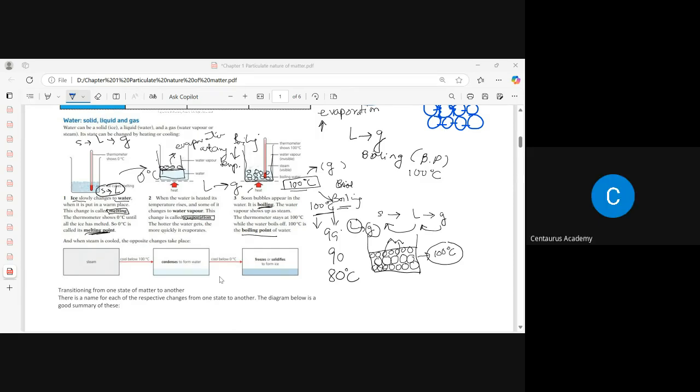Any further point anybody wants to add? Boiling happens at a specific point, and evaporation happens after the boiling point. After the boiling point or before the boiling point? After. No, it basically takes place before the boiling point.